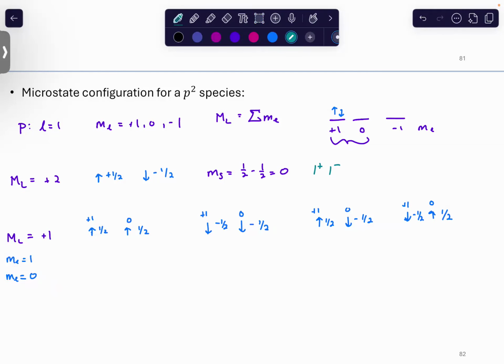This one here is going to be a 1 plus, and that one's a 0 plus. This one is a 1 minus, that one's a 0 minus. This is a 1 plus, this is a 0 minus, and 1 minus and a 0 plus. So there are our microstates for that one.